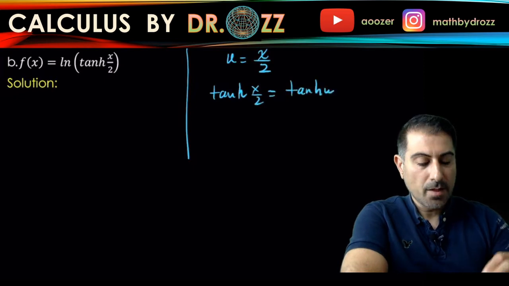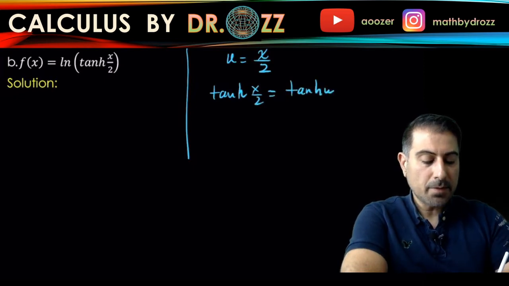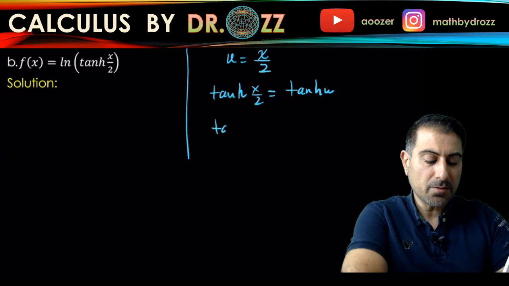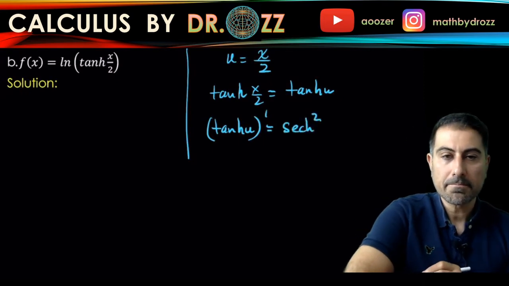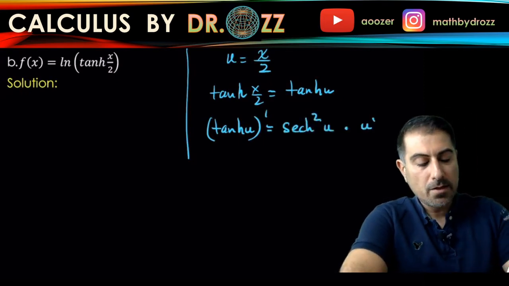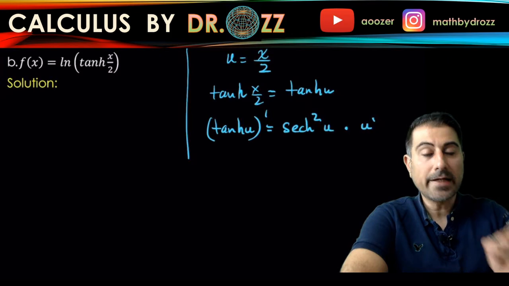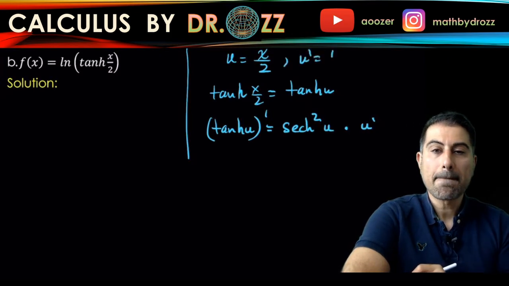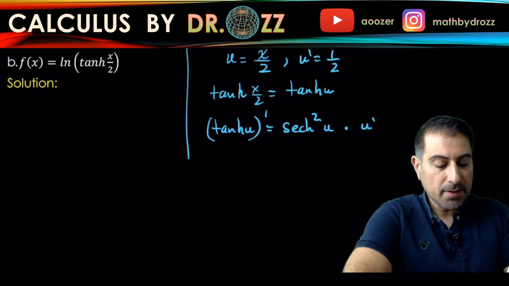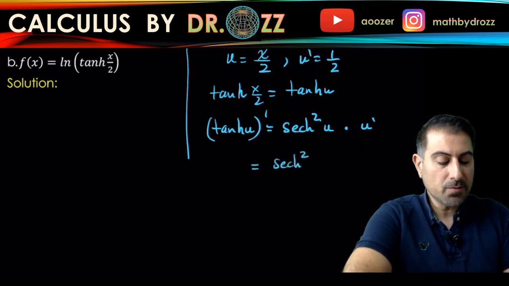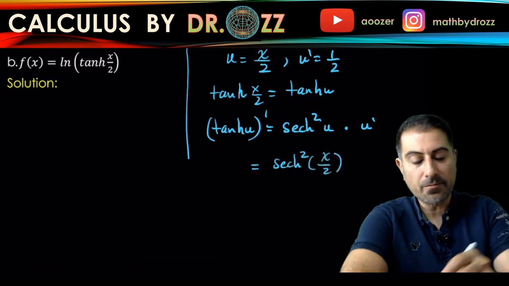Okay, and the derivative of tanh u, because of the same formula used in part A, is sech squared u times u prime. And here u prime is just 1/2. So this is equal to sech squared of x over 2 times 1/2, but I'm going to put the 1/2 right in front.